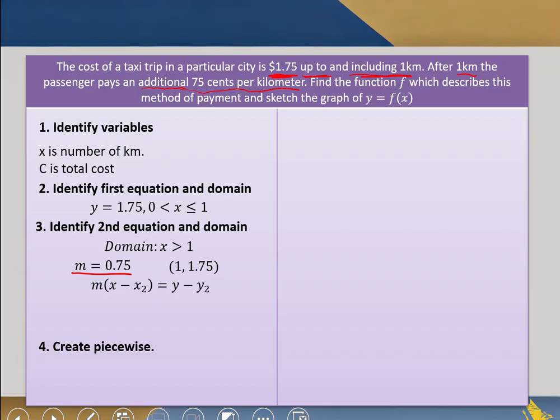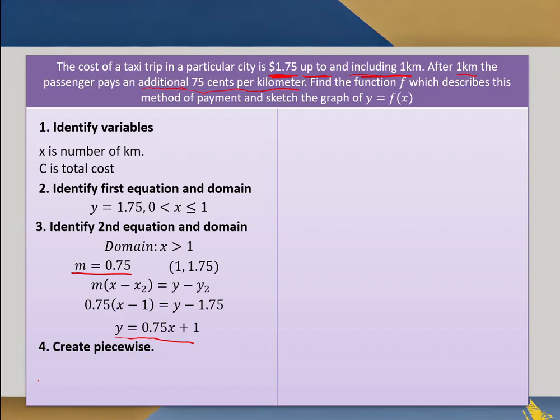I'm going to grab my x value of 1, y value of 1.75, and m of 0.75 and put it into my equation. I'm going to expand my bracket, and that gives me 0.75x, and 0.75 times negative 1 is negative 0.75, and when I take this over, it will be plus 1. So I've got my second equation right here.